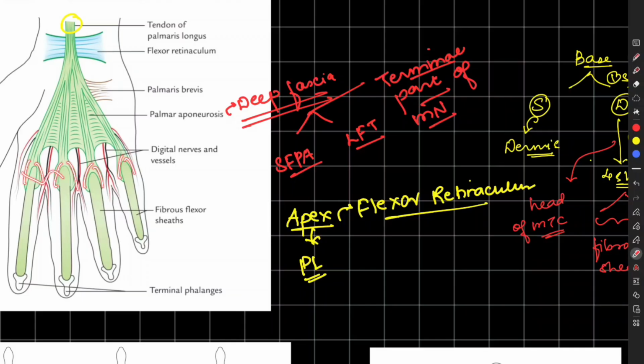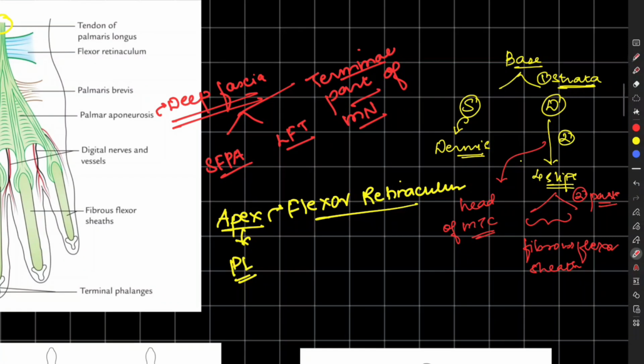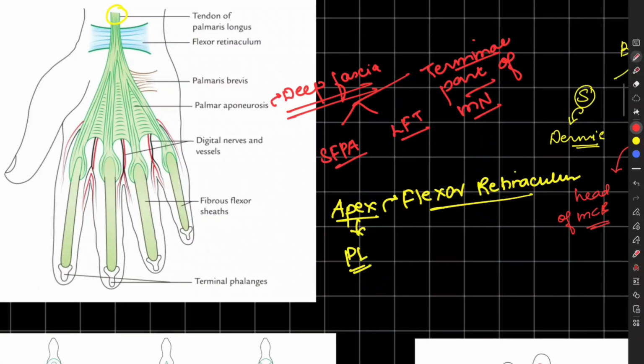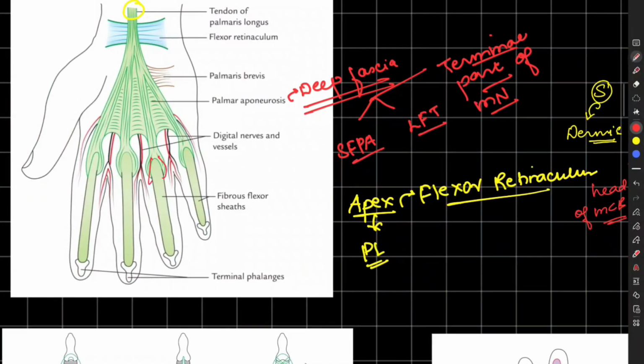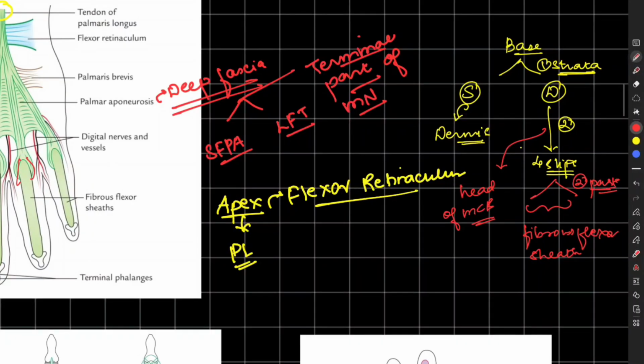You can see this is happening at the heads of the metatarsal bones, sorry, metacarpal bones obviously. This is the hand, not the metatarsal, sorry. At the heads of the metacarpal bones. After that, each slip further divides into 2 parts, and both the parts blend with the fibrous flexor sheath.